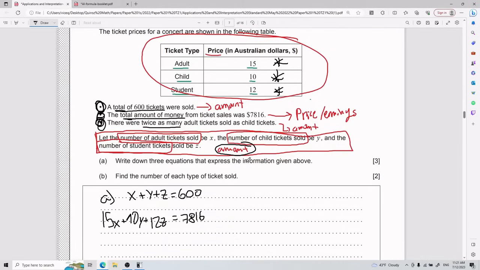Okay, this one is a little bit easier. Since it only has to do with amount, I can write that twice as many adult tickets were sold as child tickets.